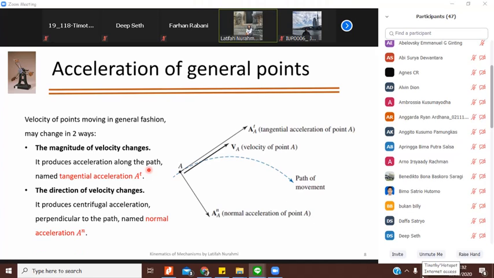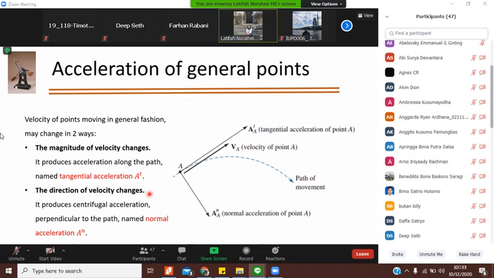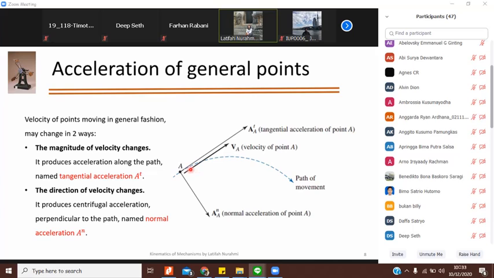The next one, the direction of velocity changes. When you change the direction along the path, it produces centrifugal acceleration perpendicular to the path, which we call normal acceleration.